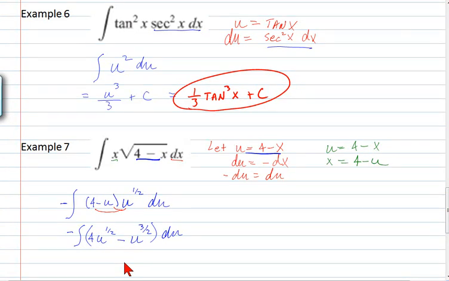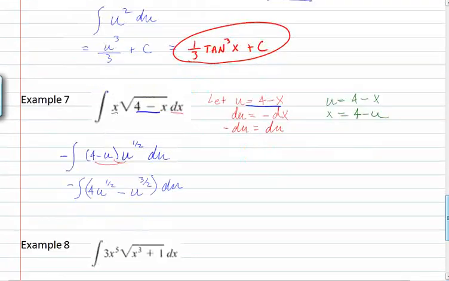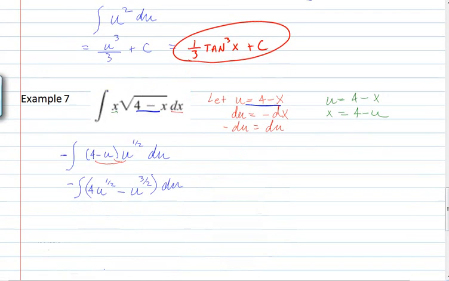So we integrate a term at a time, and we're going to get, I'm going to keep going down, not across. Let me move this down. We get negative 4, okay, when we add 1 to 1/2, we get u to the 3/2. The 4 is there, and we divide this by 3/2, minus u to the 5/2 divided by 5/2 plus c.